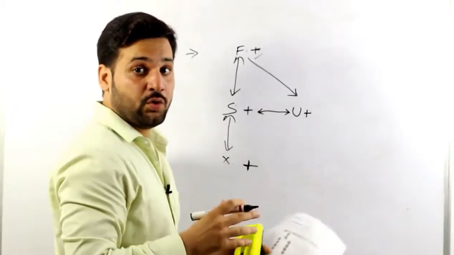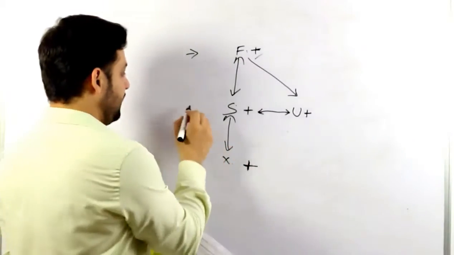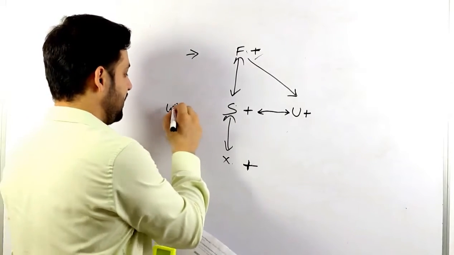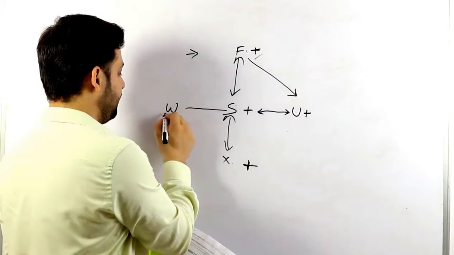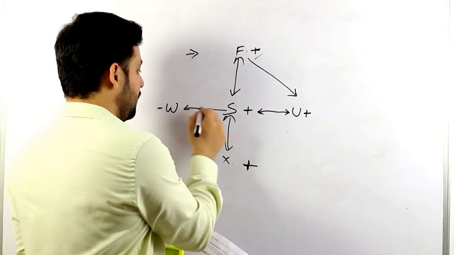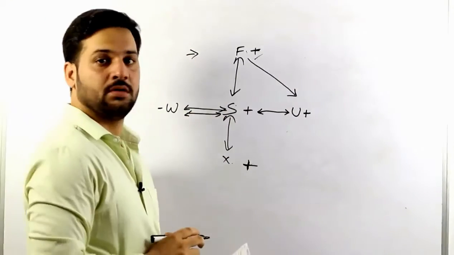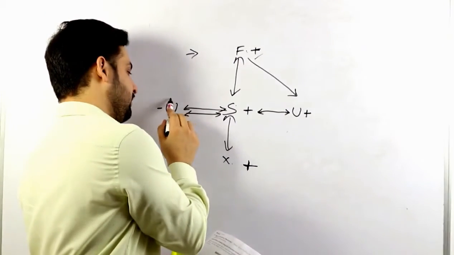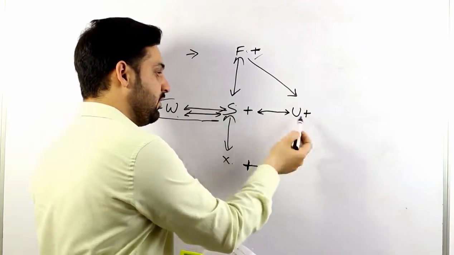But in case you want to depict another relation, a husband-wife relation, we'll give something like W. For example, W is the wife of S. She is the wife, so we'll give it a minus symbol. Just give them two arrows. That's how we depict the husband and wife relation, and that's how we depict the brother and sister relations.